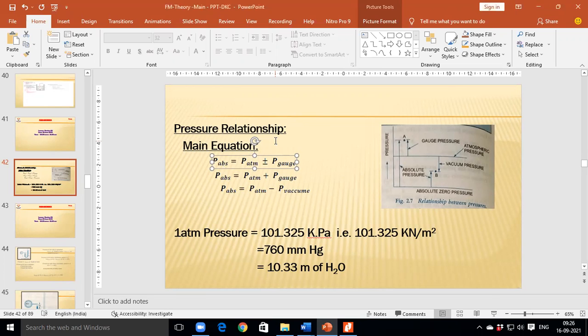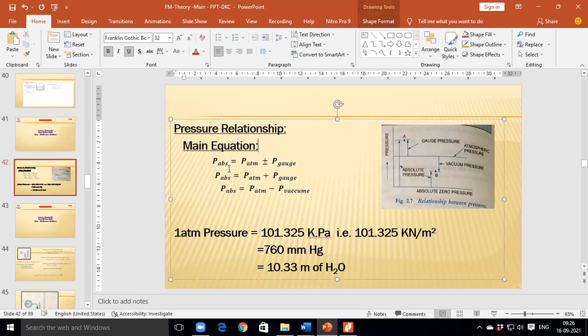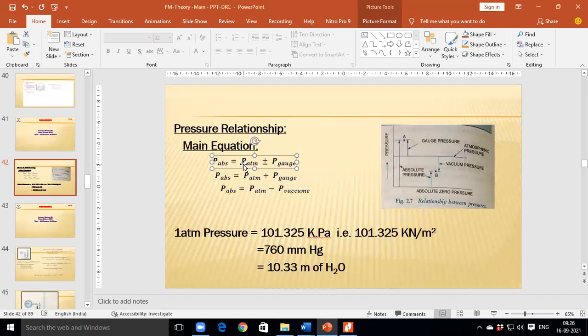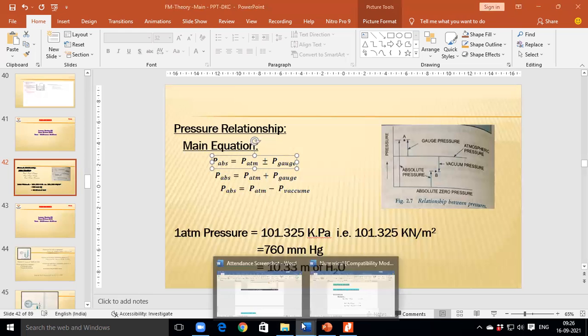So what are the three relations of the pressures? Absolute pressure is equal to atmospheric pressure plus or minus gauge pressure. The next two equations are just an expansion of this first equation, that is plus gauge pressure and minus vacuum pressure.